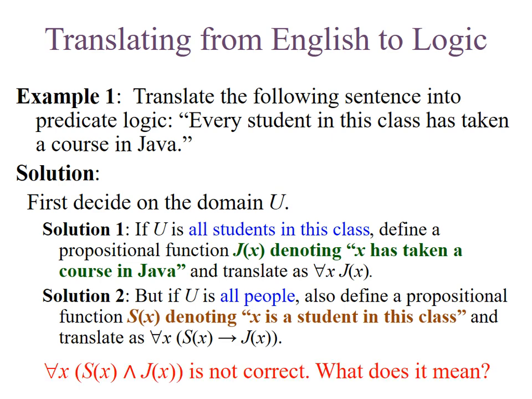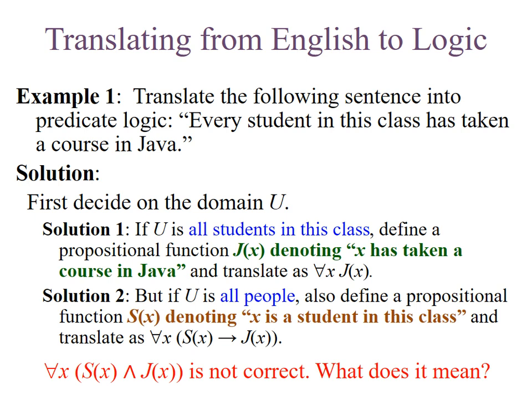Next, I want you to think about the other expressions. Why does this predicate logic have a different meaning than this one? We have for all x, S of x and J of x.